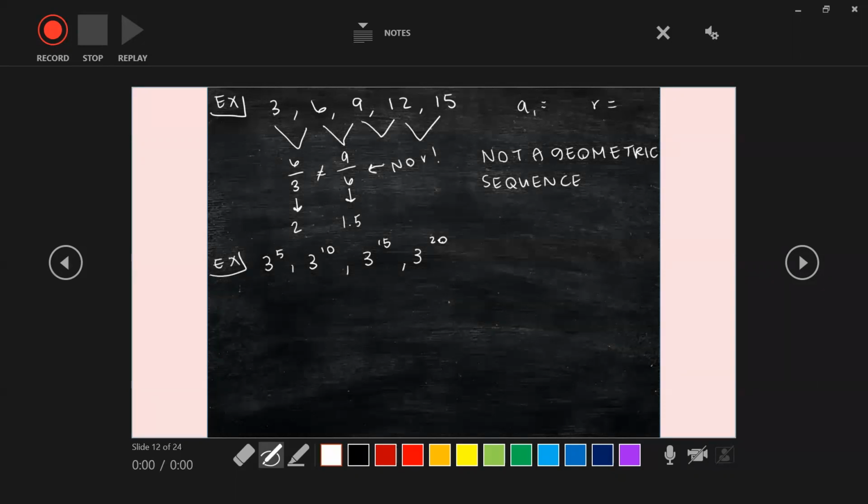If I'm putting these guys over one another, pick 2 consecutive terms, Beals. Very good. 3 to the 5th and 3 to the 10th. And I'm going to put them over each other. So is 3 to the 10th going to be in the numerator or the denominator? Numerator. Very good. 3 to the 10th over 3 to the 5th.